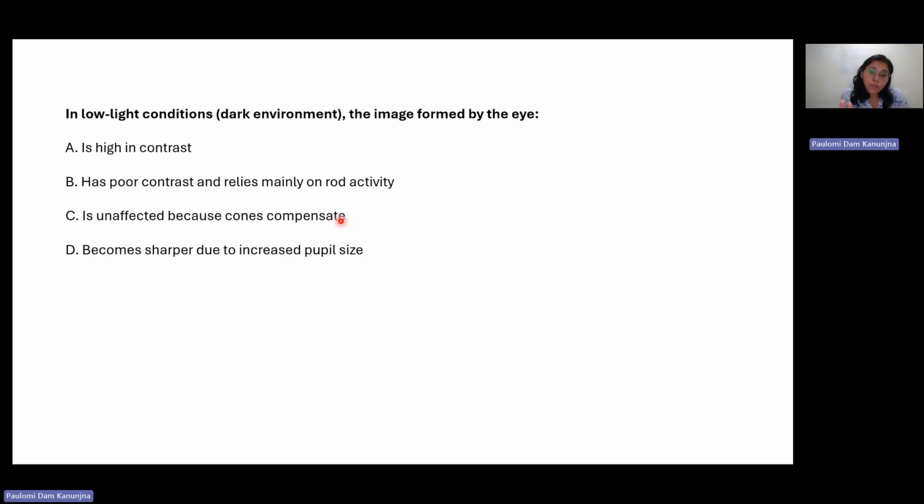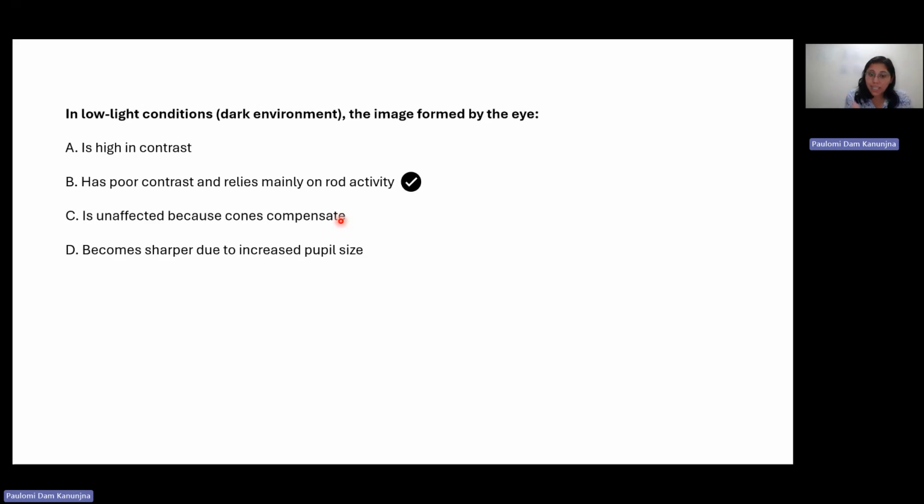It becomes very easy if you are a photography person or if you have taken any image from a camera. It's the same functioning here. We are talking about low light conditions. In low light conditions, the photographs that we take are of poor contrast.